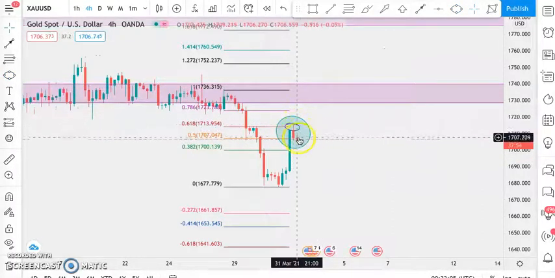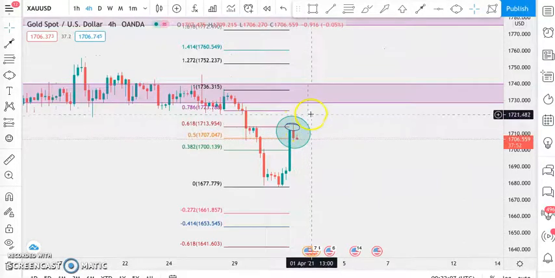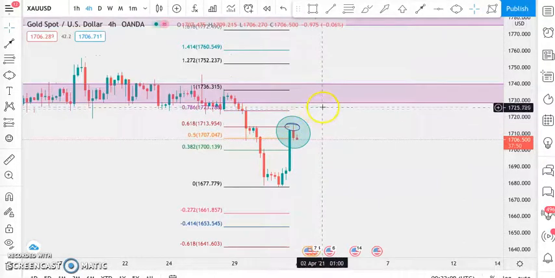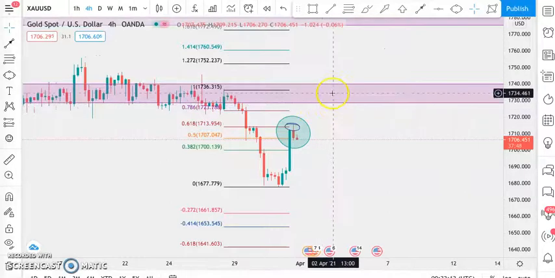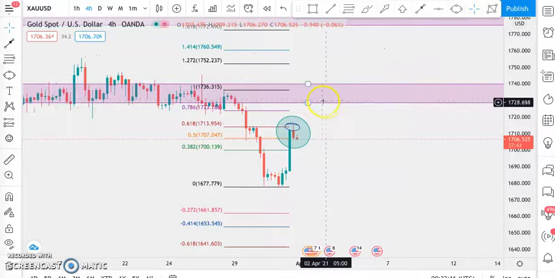However, there is still a possibility of this market heading to the 78.6 fib deeper retracement level for the retest of this accumulation area here.